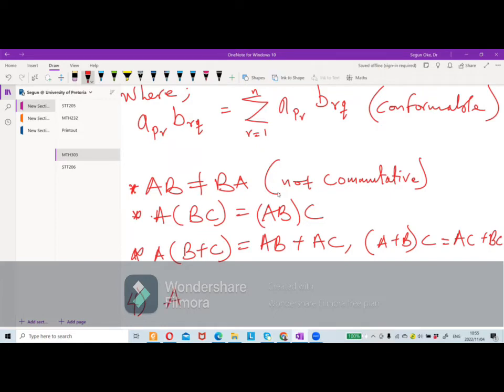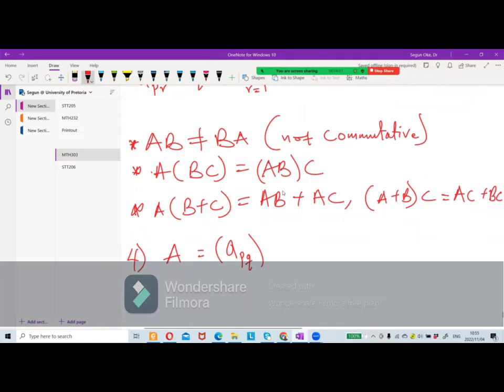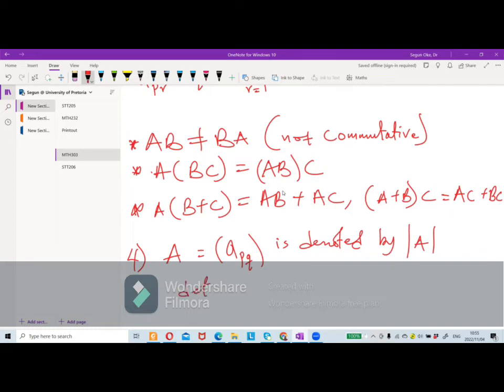Don't forget you have a matrix A, A PQ, in this form, and it is denoted by determinant of A, or determinant A PQ.